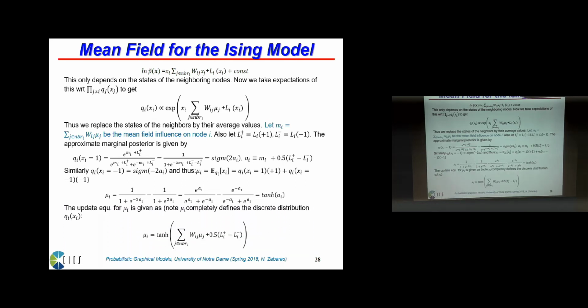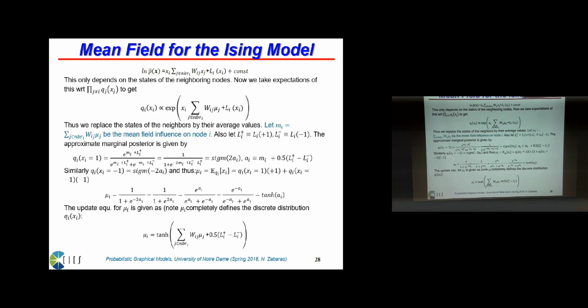And so the update formulas, if I can write this explicitly, is that the mean value of every variable i is the hyperbolic tangent of what you see inside this parenthesis. Obviously, to update mu i, you need to know the mean of the neighbors. So this equation can only be solved in self-consistency, right?